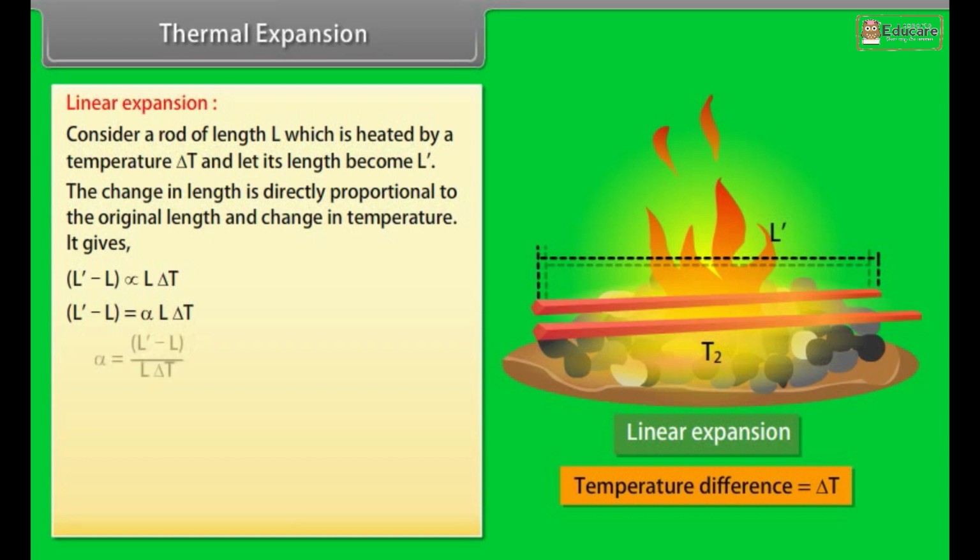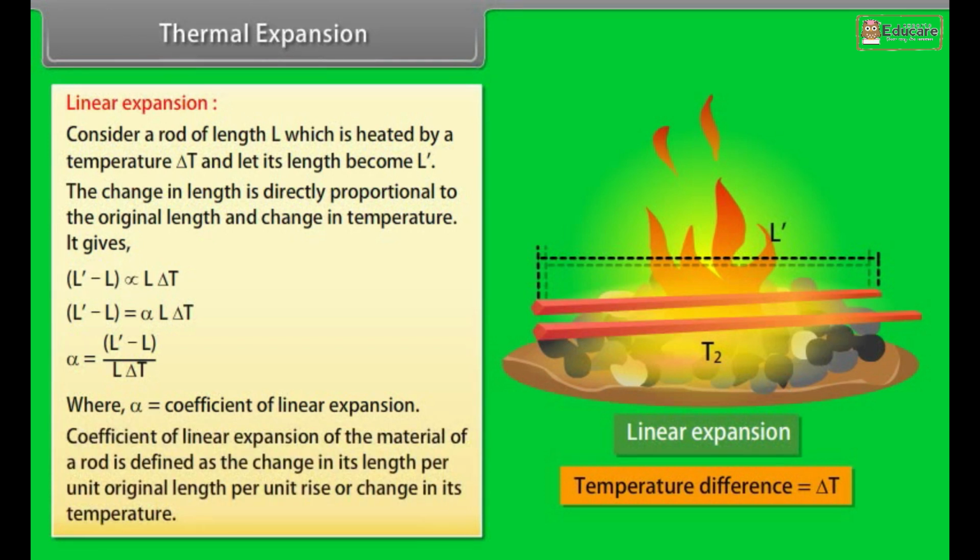Value of alpha is equal to (L' - L)/(LΔT), where alpha is the coefficient of linear expansion. Coefficient of linear expansion of the material of a rod is defined as the change in its length per unit original length per unit rise in its temperature.